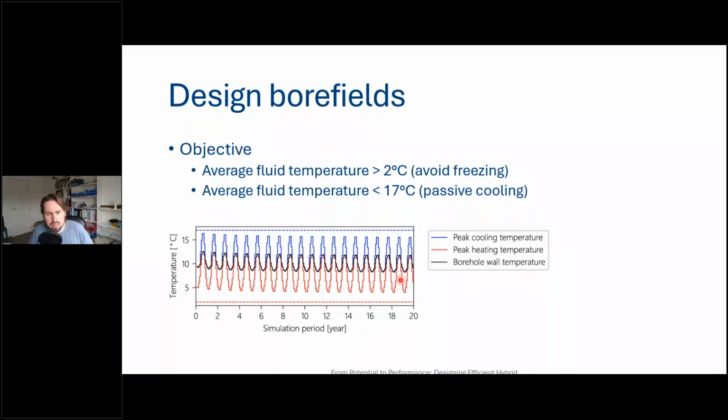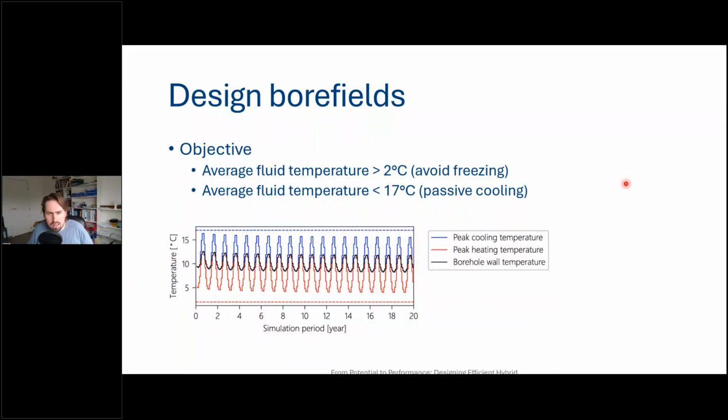And that's why the red lines are below the black one. And the other way around, it's the case for cooling. So when you're cooling, you're injecting temperatures into the ground which are hotter than the borehole wall temperature, and you can give away the heat, you can inject it into the ground.